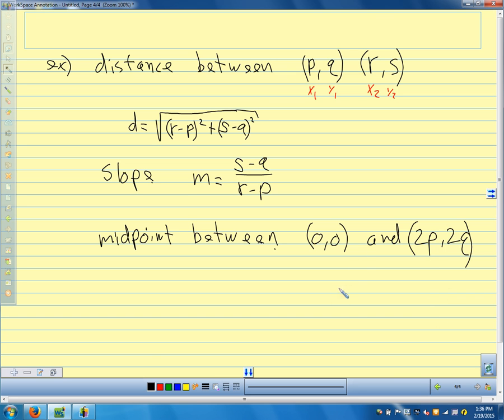I'm going to do just like we did before: x1, y1, x2, y2, and plug into our midpoint formula. The midpoint is x1 plus x2 divided by 2, and y1 plus y2 divided by 2.